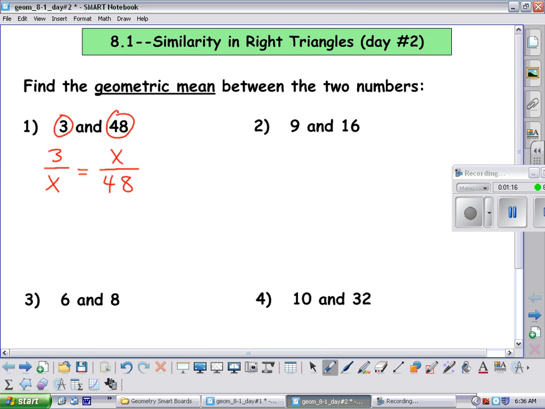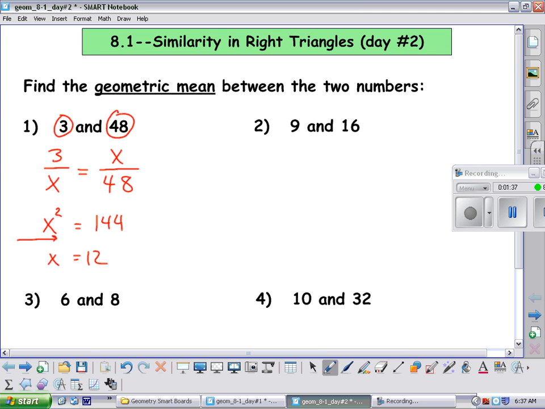And I have some number that works for both of those and creates a ratio that works. Well, we'll set up a proportion and figure that number out. x times x is x squared, and 3 times 48, well, that must be 144. Take the square root, x equals 12.